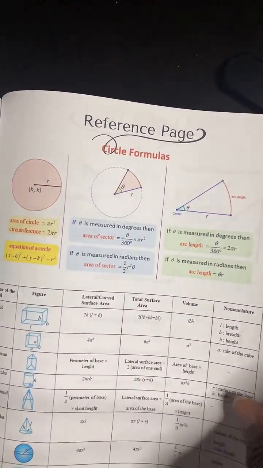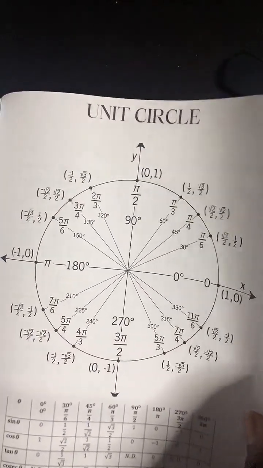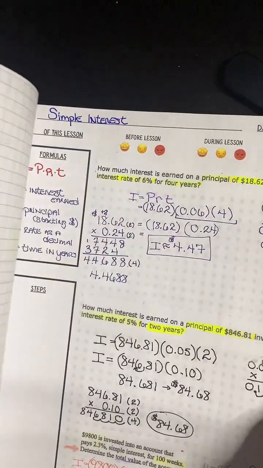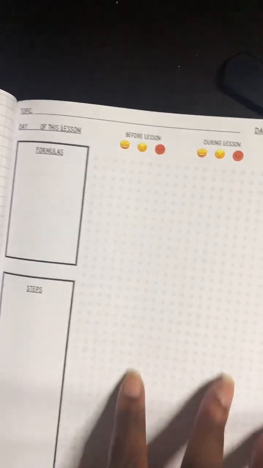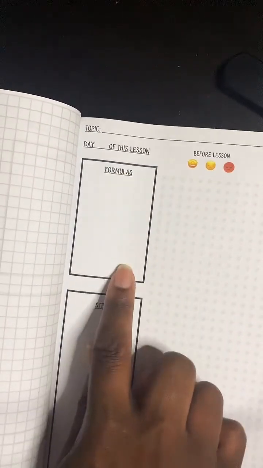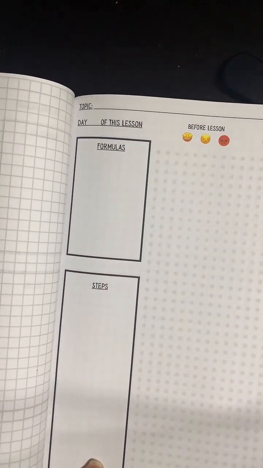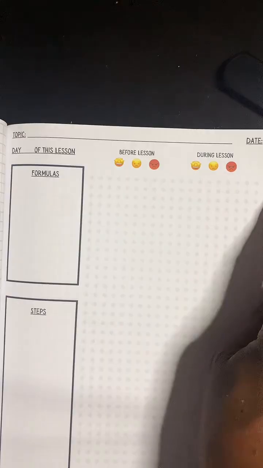If you're a college student and you like to have your things a little more organized, you have some of your dots on one side. I like the dots because it makes graphing so much easier. But I also have the grid side as well. Then you have the formula section. You can write down your steps. Then you can also do a mood tracker. This is great for teachers.